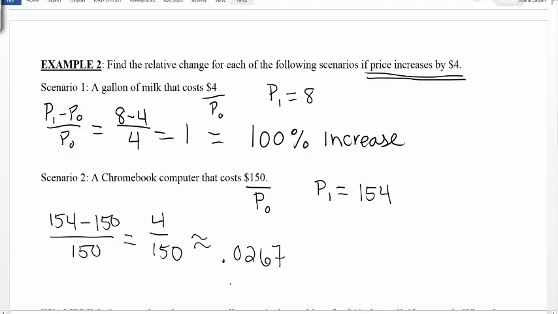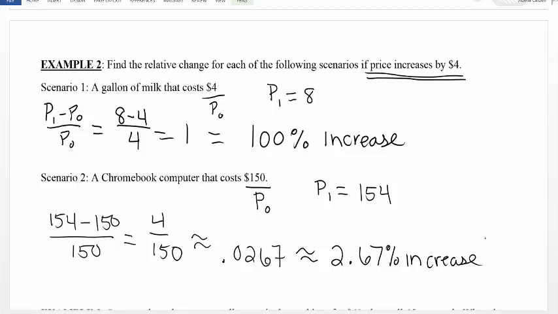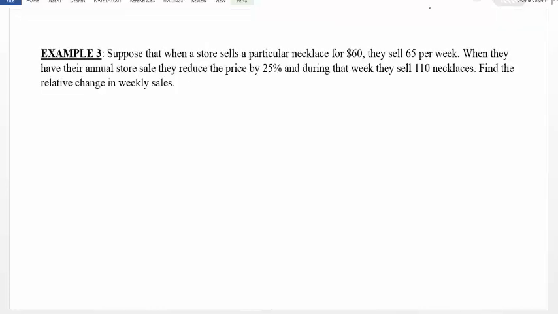Here, if we turn this into a percentage increase, we're going to multiply by 100, and we're going to get 2.67% increase in price. So that feels less shocking. So a computer that's gone from $150 to $154 has a 2.67% increase, whereas a gallon of milk that went from $4 to $8 had a 100% increase.